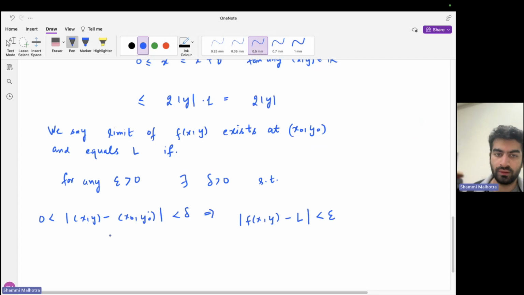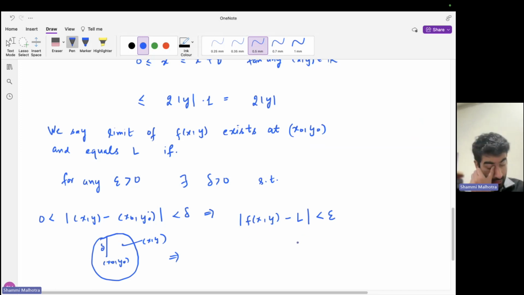What do we mean by that? Whenever my points are in a neighborhood of (x naught, y naught), so if this is my circle of radius delta, whenever my points are in this disk centered at (x naught, y naught) with radius delta, this implies that my function value has to be very close to L, as close as we please.